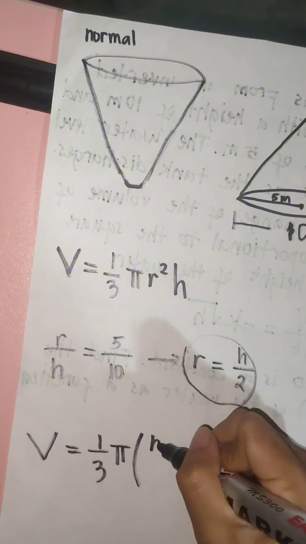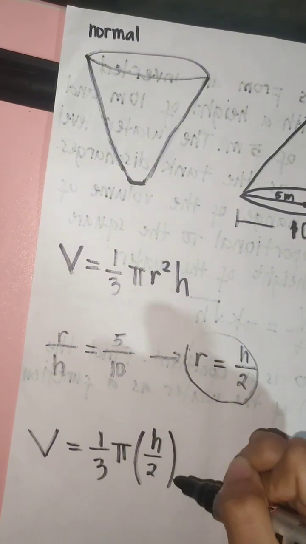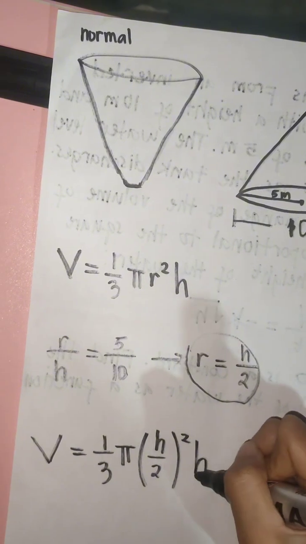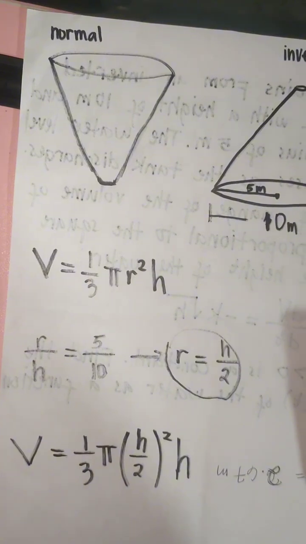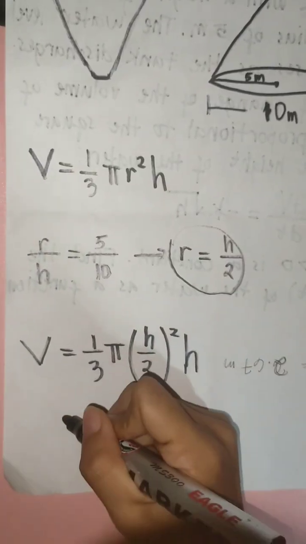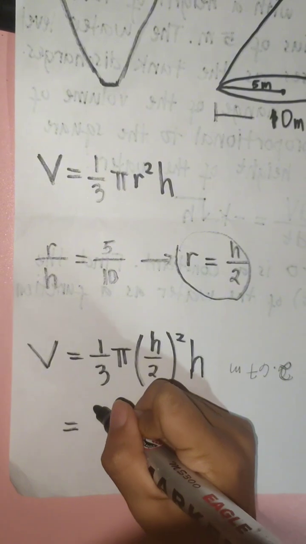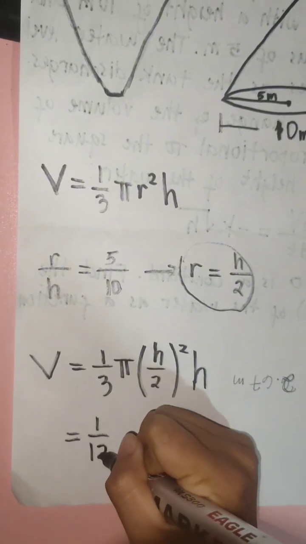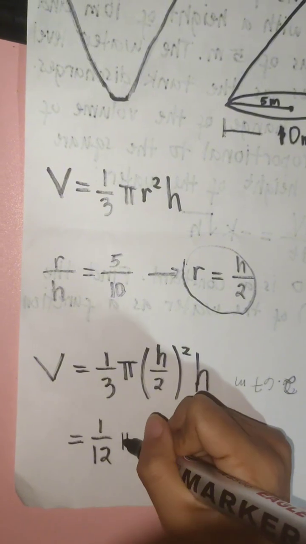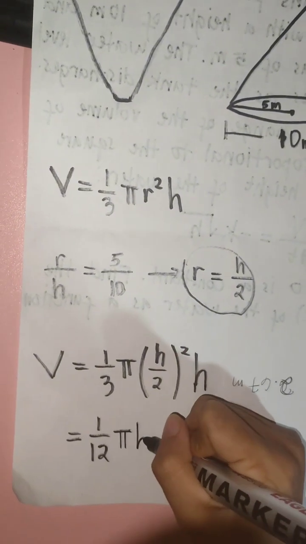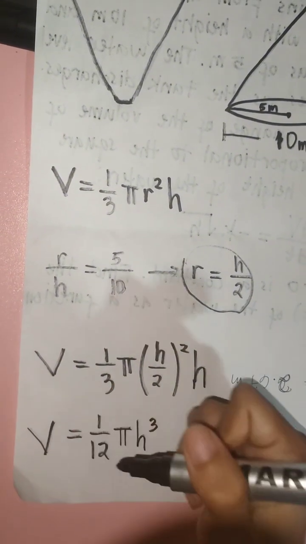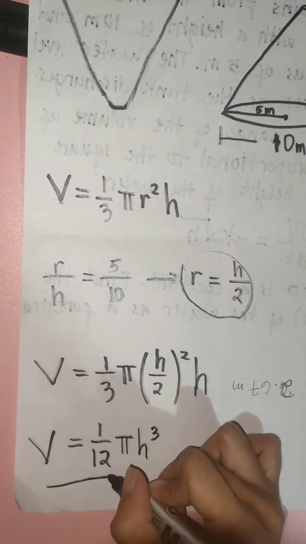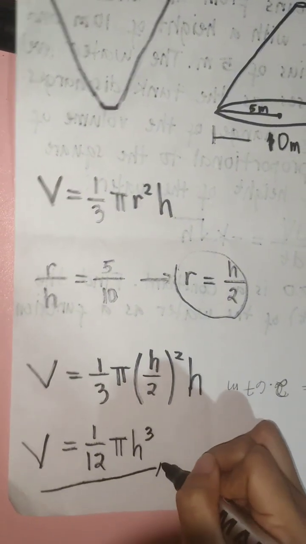So we have V is equal to 1/3 pi times (h over 2) squared times h. So we have 1 over 12 pi times h cubed. So that is our new formula for the volume of the cone.